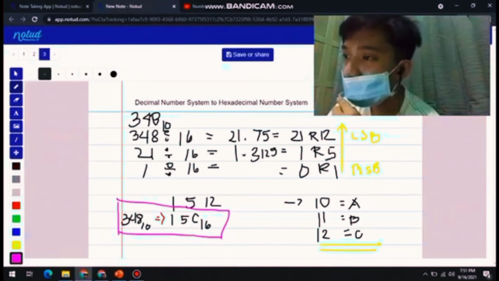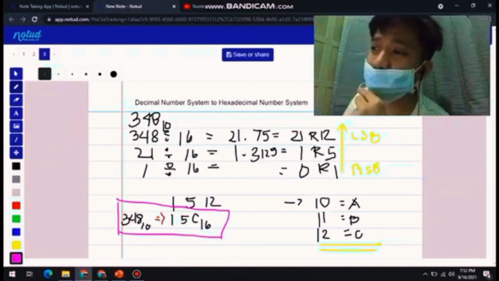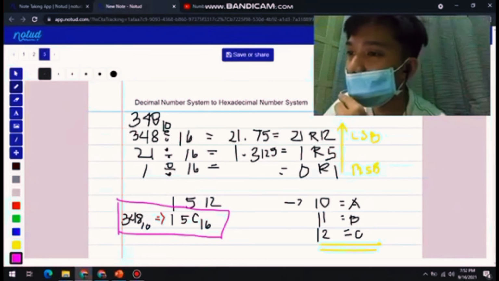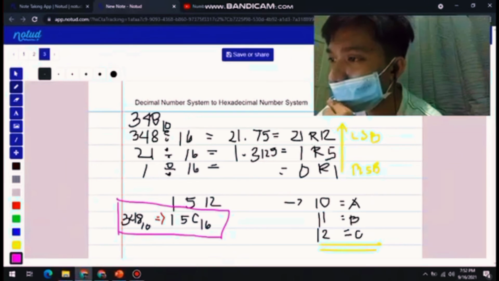So now the last part of the conversion, let's convert decimal number system to hexadecimal number system. So let's say we have still a number of 348 with a subscript of 10.